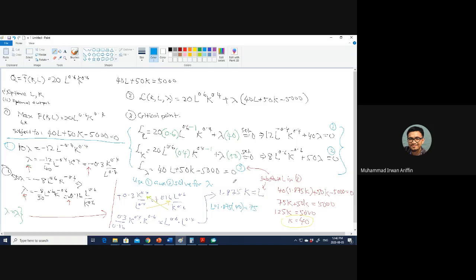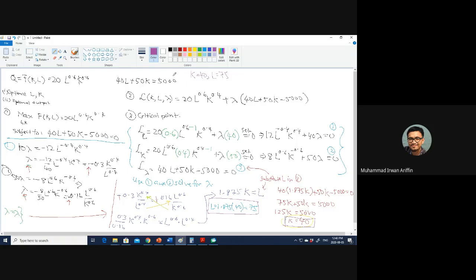So now we have more or less solved for this is our L and this is our K. K equals 40, L equals 75. What is the value of our lambda then? I'm going to leave this to you. You should be able to solve for lambda.